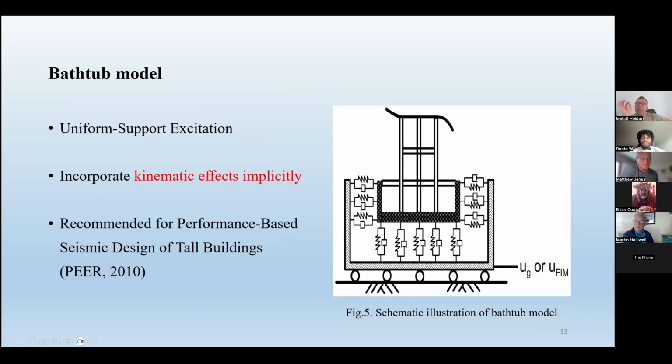So the reason that we replace the soil medium with springs, the main reason was this. They noticed if you remove the soil with springs, and then you apply the load to the foundation or a structure, it can mimic the results.